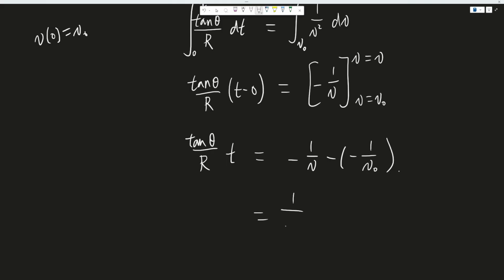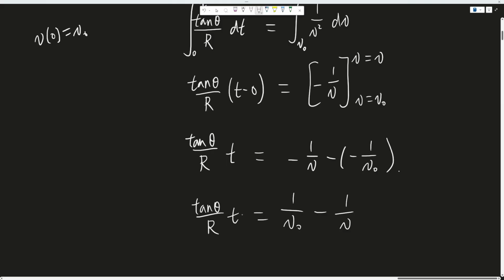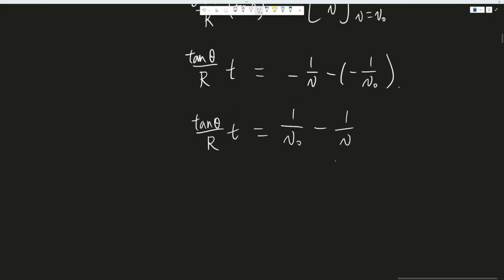So this is 1 over v0 minus 1 over v equals tangent theta over R times t.